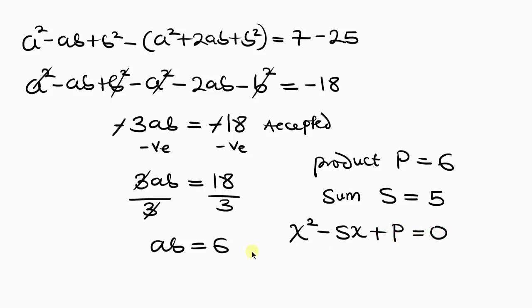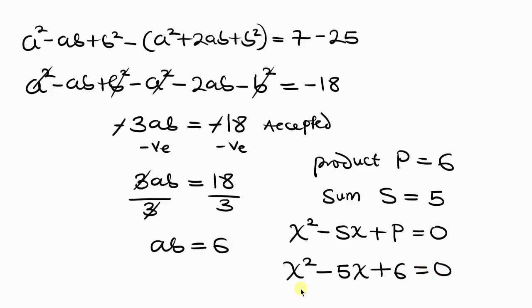So this is x squared minus S. What is S? The sum of roots is 5, so 5x. And then plus P. P is the product of roots, which is 6. Equal to 0. Very good.